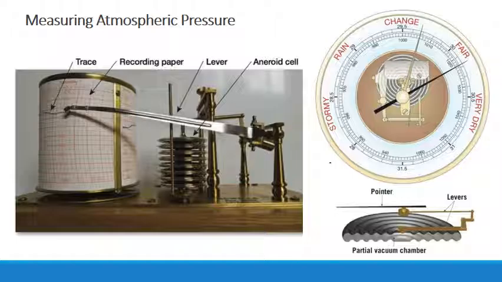Another advantage of the aneroid barometer is that it can be connected to a recording mechanism. So an instrument like the one in the photograph here is called a barograph. And it makes a continuous record of pressure changes over time.